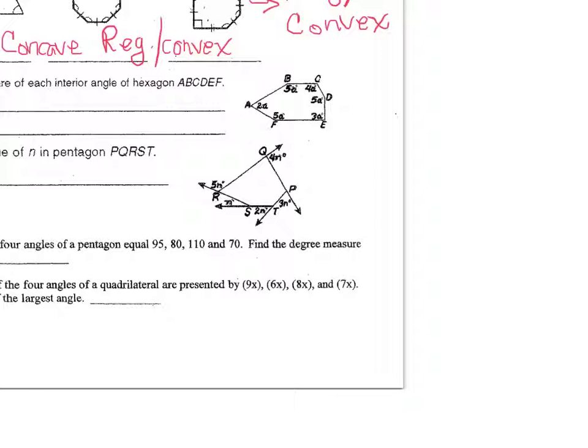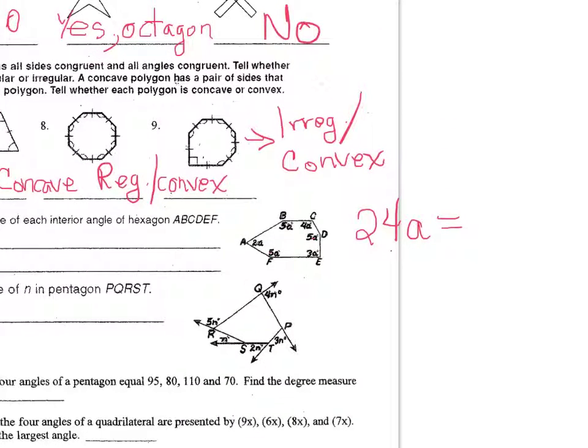How many A's do we have here? 5, 10, 15, and 4 is 19, 24. So this is 24A equals, what's the sum of all the angles? 180.